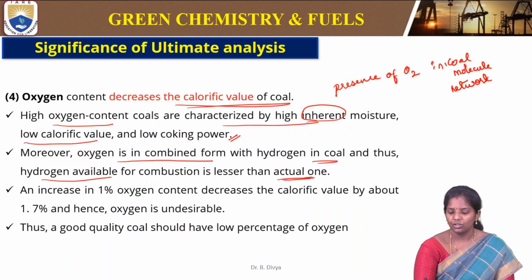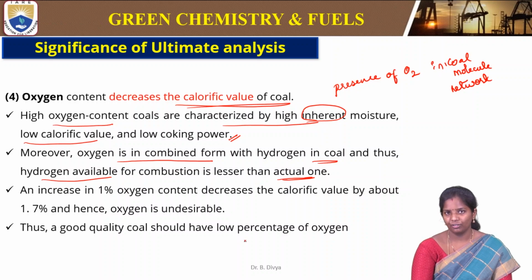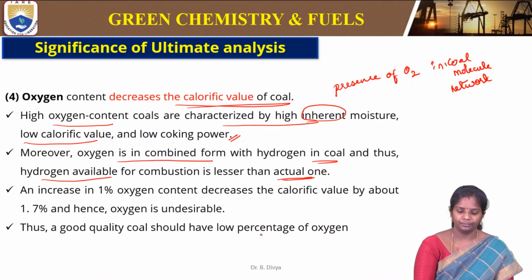thus hydrogen available for combustion is lesser than the actual amount. So when oxygen is in combined form with hydrogen, what does it form? Like moisture. So our estimation of hydrogen is different from the actual hydrogen available, because hydrogen is present along with the coal in the form of moisture that will restrict the combustion.